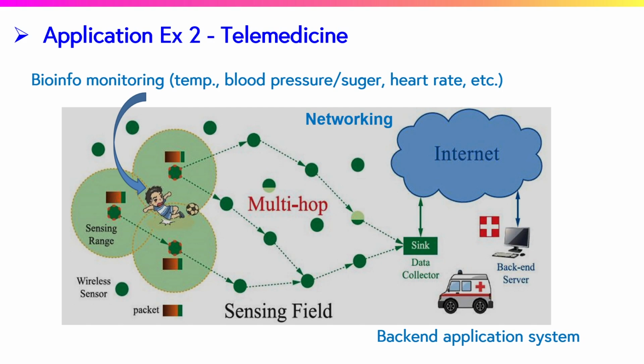Okay, since we have a lot of sensors, maybe we also have environmental information to be collected. You see the green dots all represent different kinds of sensors. These sensors' data has to be propagated to the back end for processing, since the back end will collect data, analyze data, and generate useful information for human beings.